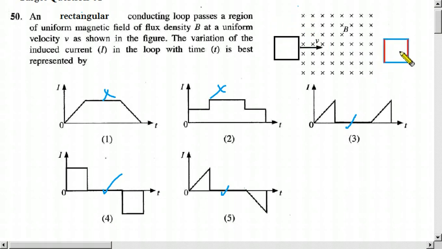So therefore it suddenly generates the current. So like this, at once, not little by little. The current is not increasing. At once the current is at its total value, like this. So this one is the correct answer.